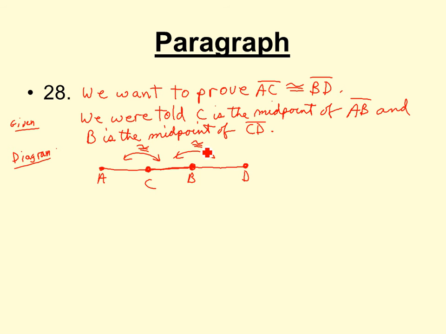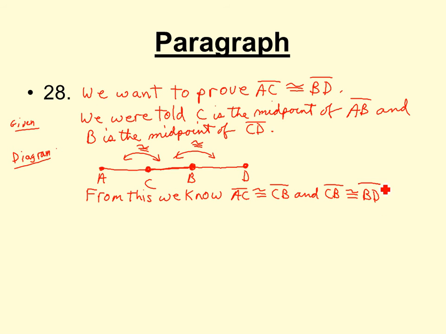And that's what I'm going to say next. From this, we know segment AC is congruent to segment CB, and segment CB is congruent to segment BD. And the way we know that, you always got to give a reason.